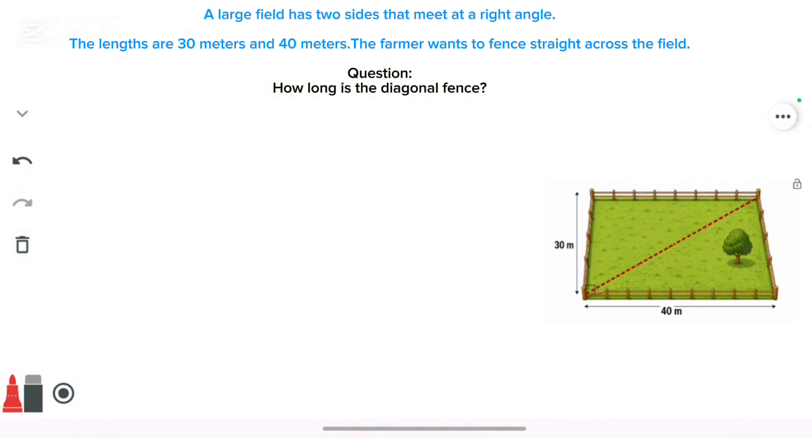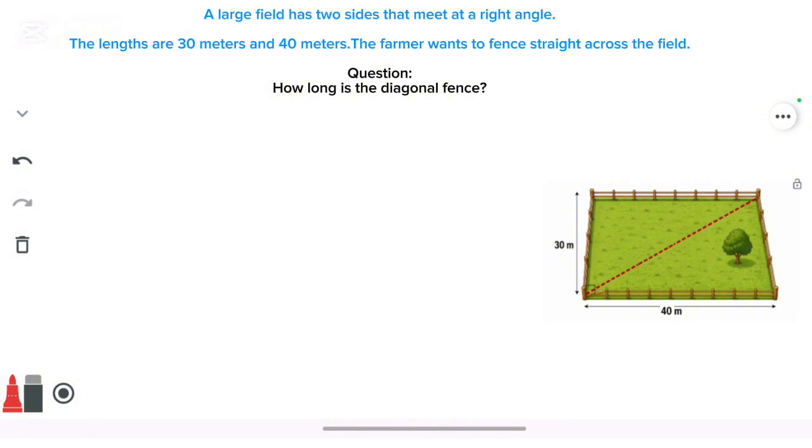Alright, so now in order for us to find the distance of the diagonal fence, we are going to use the Pythagorean theorem to help us find the distance of this fence here.